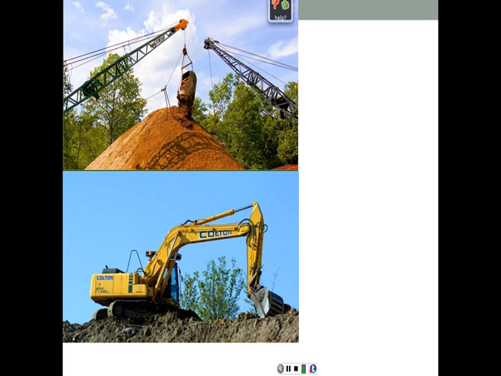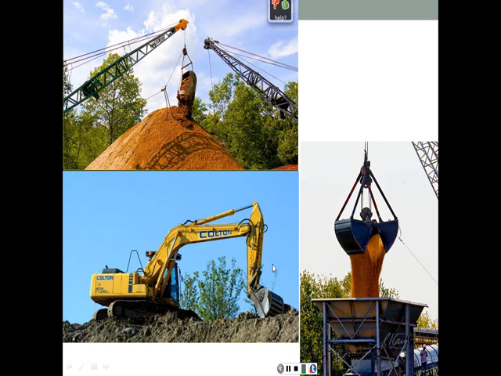Here's a backhoe, where we have the bucket facing backwards attached to an articulated hydraulic arm, and it's used for excavation. Here's a clamshell, and as you see, the bucket for the clamshell is used primarily for relatively loose soil. It's also attached to a crane similar to the drag line, and it uses its own weight to penetrate through the soil, and then the clamshell is closed and the soil is scooped.